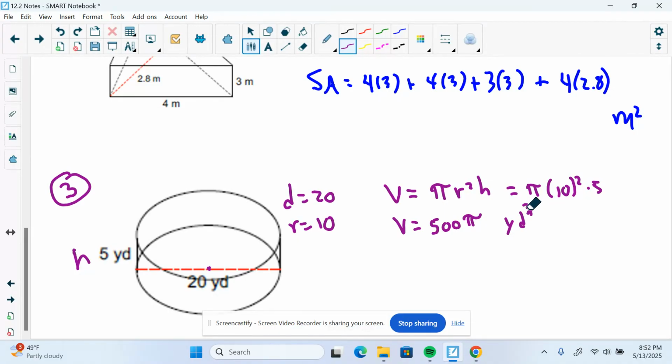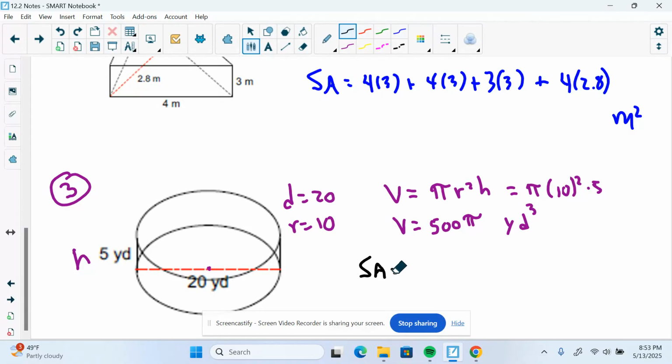And then in order to find the decimal approximation, rounded to, let's say, 2 or 3 or however many decimal places, you just either use the pi button on the calculator and do 500 times pi, or if the instructions tell you to use 3.14 for pi, you just do 500 times 3.14. So read the directions. It will tell you how it wants you to calculate it. I'm just going to write it in terms of pi, and you can do the computation with the calculator.